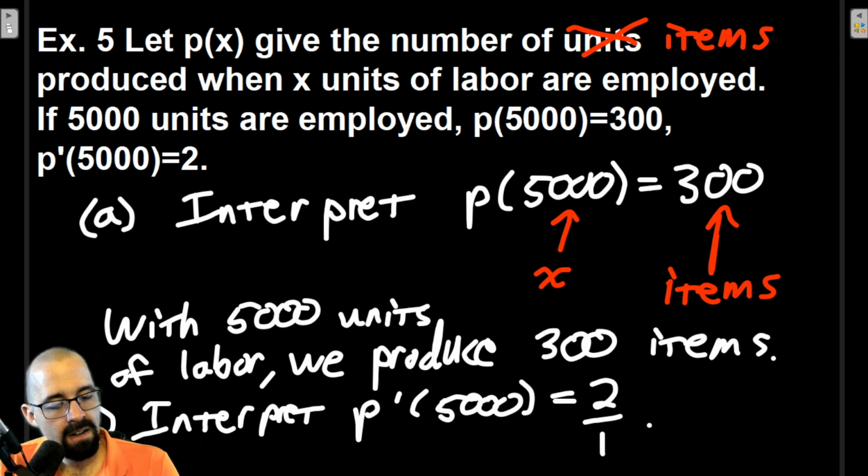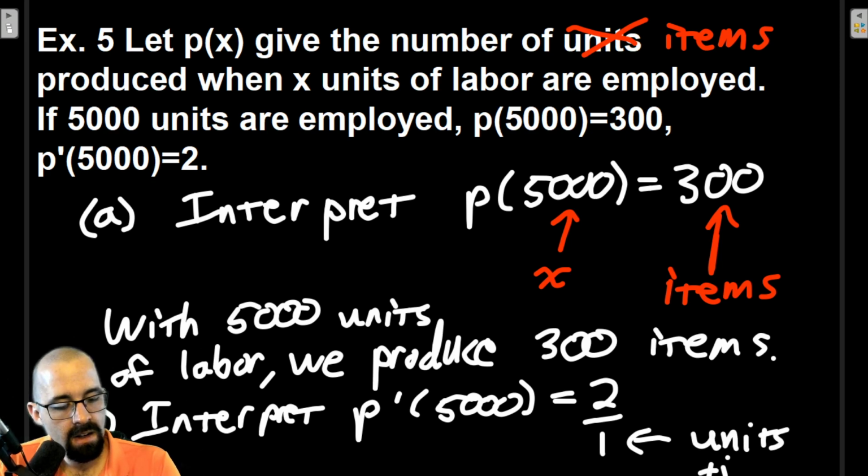The bottom is an increase in our input, and our input is X, so this is the units of time. If we add one more unit of time, we're actually going to produce 2 more items.